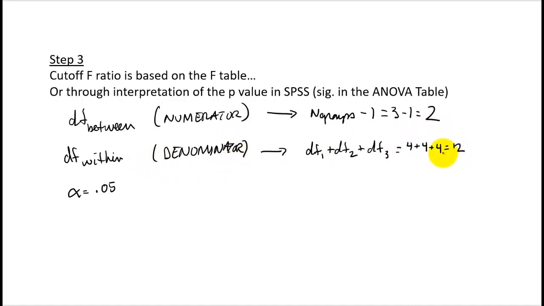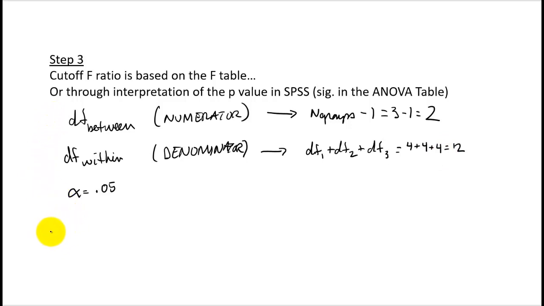So I find the column that says denominator degrees of freedom. I go all the way down until it says 12. And then I use the row that says 0.05, because that's my significance level. And then I find the column that matches my numerator degrees of freedom. And in this case, it's 2.